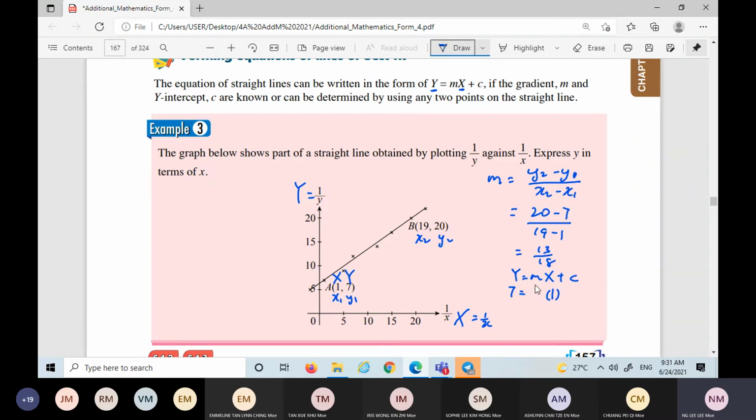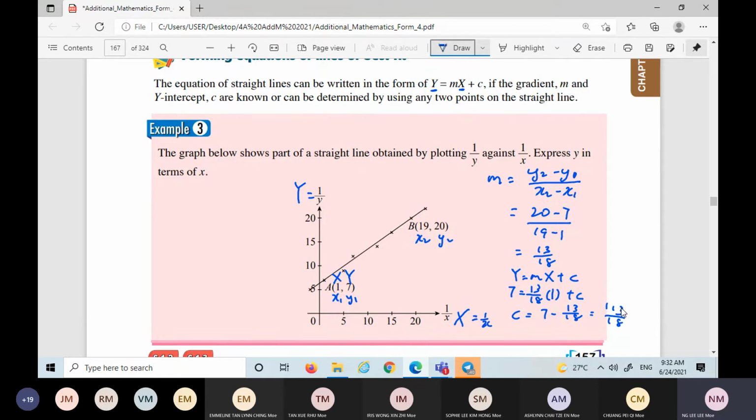Then the gradient is 13 over 18, plus C. Here you can get the C by using these equations. So C is equal to this one minus, you get 113 over 18.